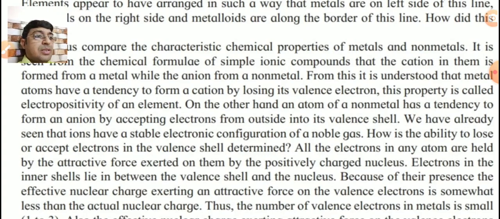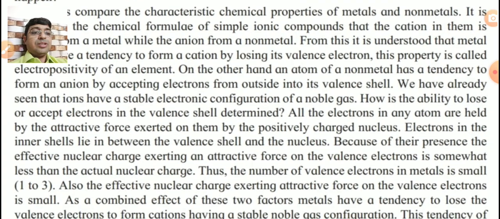All electrons in any atom are held by attractive force exerted on them by the positively charged nucleus. Electrons in the inner shell lie in between the valence shell and the nucleus. Because of their presence, the effective nuclear charge exerting an attractive force on the valence electrons is somewhat less than the actual nuclear charge.